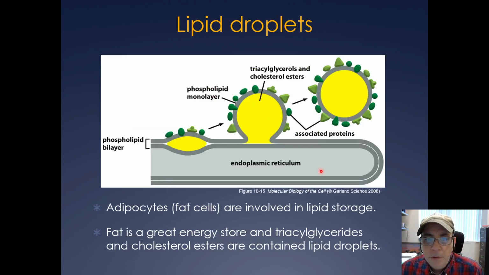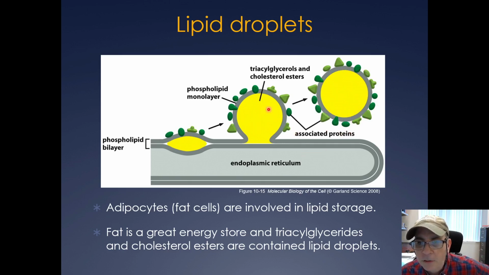Okay, another thing is that oftentimes cells will store energy as fats in the form of triglycerols and cholesterol esters, and that happens in cells called adipocytes or fat cells. What ends up happening is they get stored between the lipid bilayer, and this can be pinched off, and so then you have a lipid droplet where it's all hydrophobic in the middle, and it's got a single leaflet with proteins on the exterior of it.